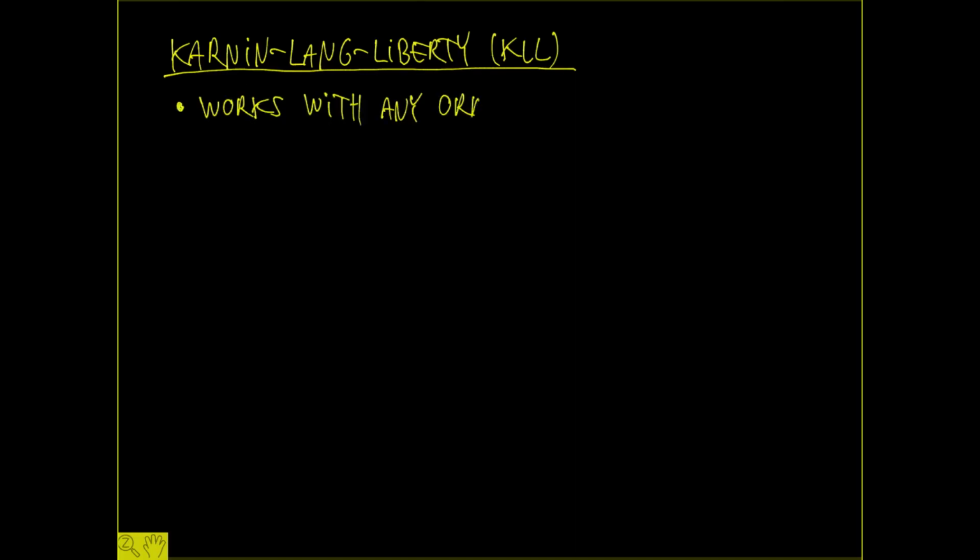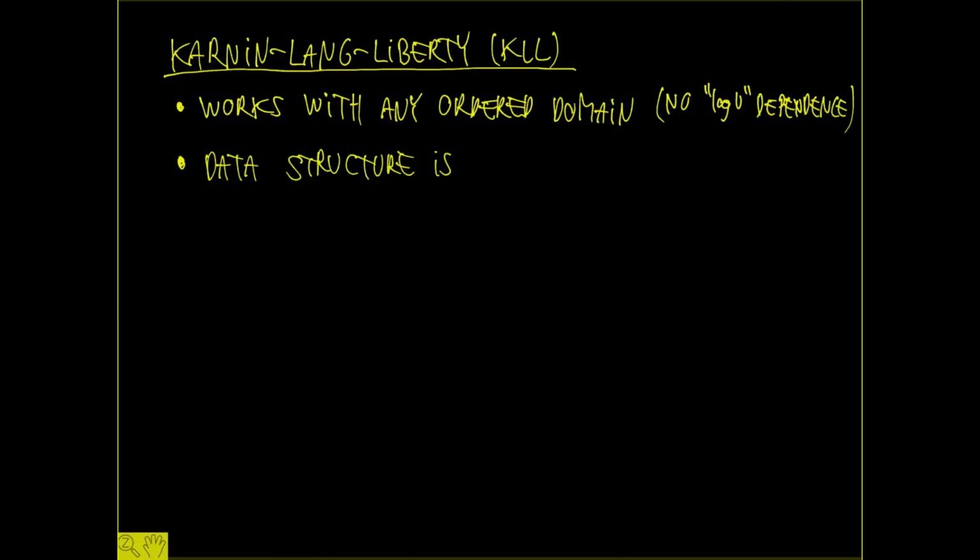Next we are going to look at the so-called Karnin-Lang-Liberty or KLL summary, which has become quite famous and widely used for summarizing ordered data. It works with any ordered domain, so it doesn't have to be integers in some range, and this also means that we are not going to get the dependence on the log of the range size, as we saw before. The data structure is a sequence of lists, also called buffers, that are each stored in sorted order.